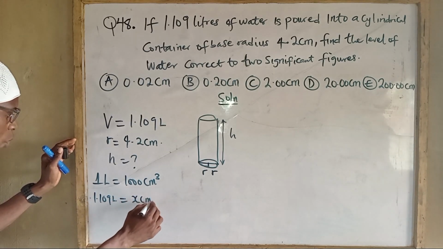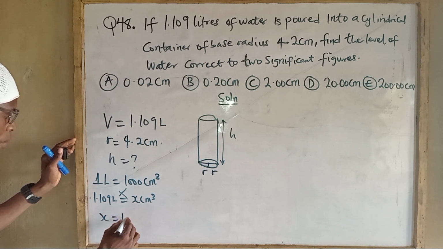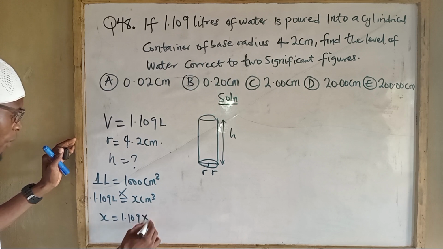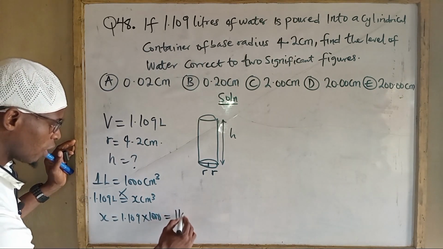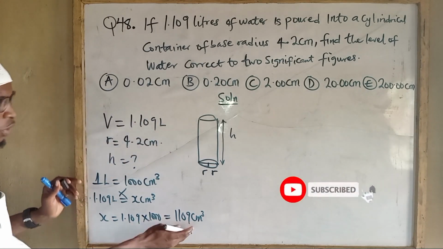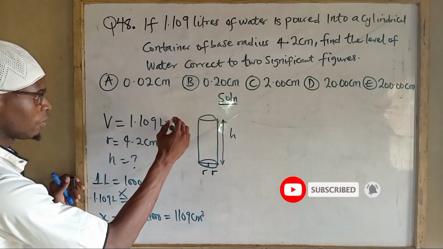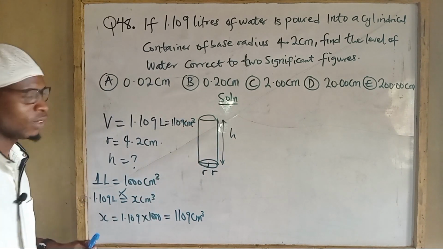X centimeter cube. We are converting now. So if you cross multiply, you should have x equal to 1.109 multiplied by 1000. Just multiply by 1000. Then I think you should have 1109 centimeter cube. So we have converted this now to centimeter cube. So this is equivalent to 1109 centimeter cube. I believe that is clear now.